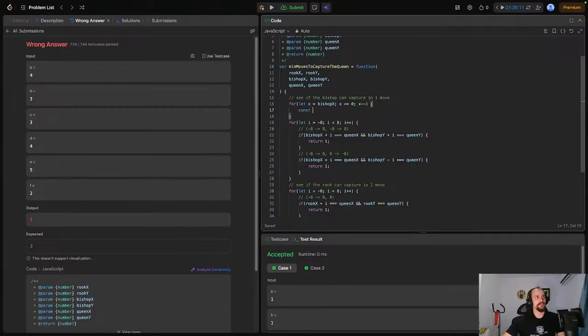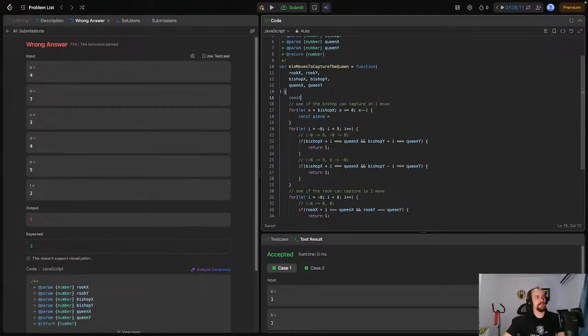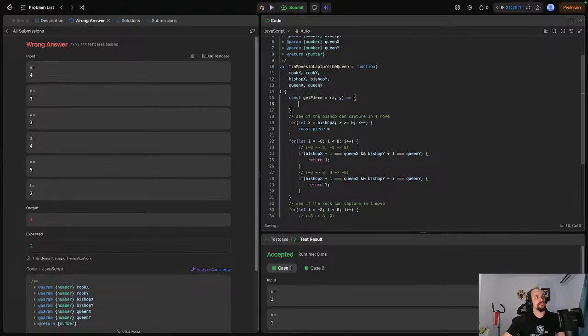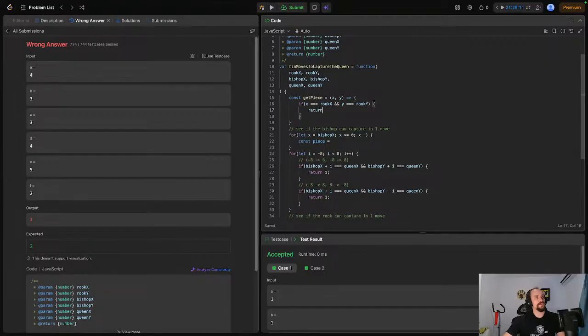we can say const getPiece equals x, y, and then we'll say if x equals rook x and y equals rook y, return rook.